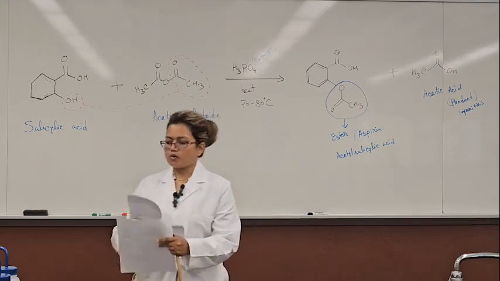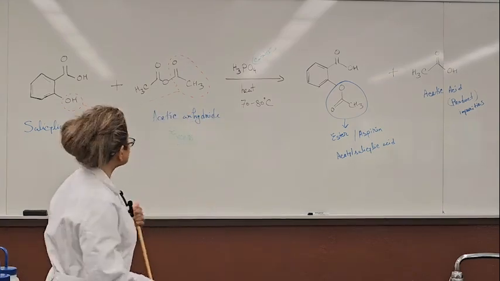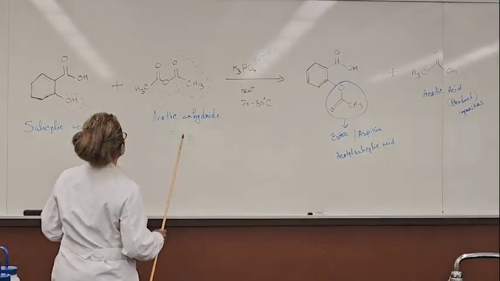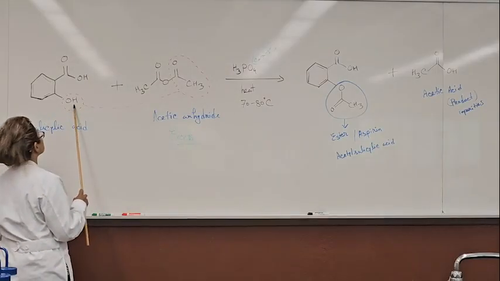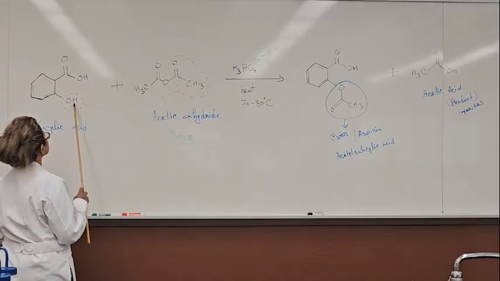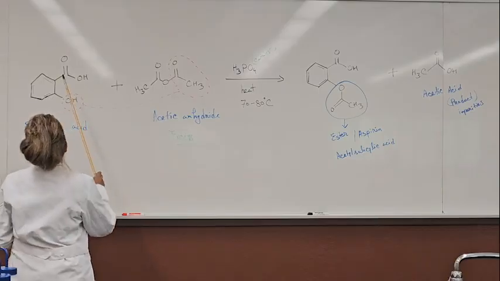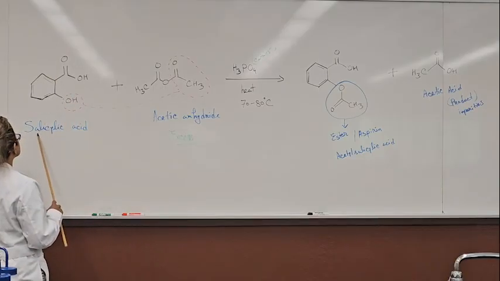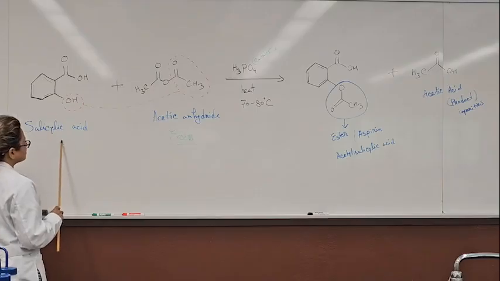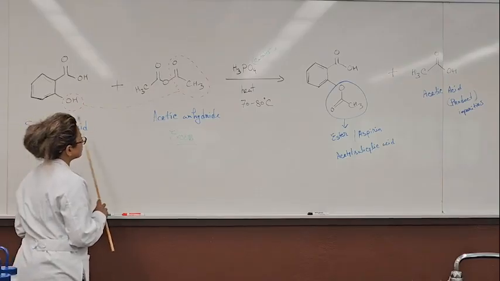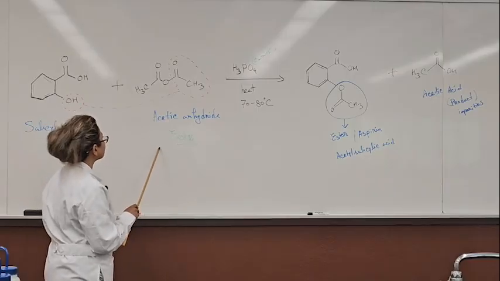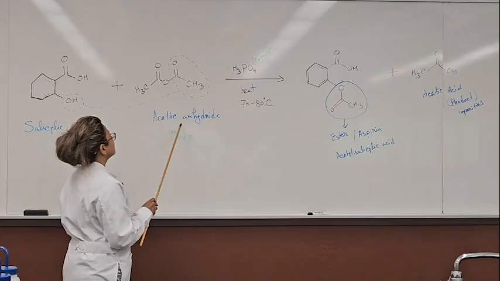In this part, we are going to use functional groups. Functional group means, in this experiment, we will use the hydroxyl group and the carbonyl group. Salicylic acid is going to react with an excess amount of acetic anhydride.